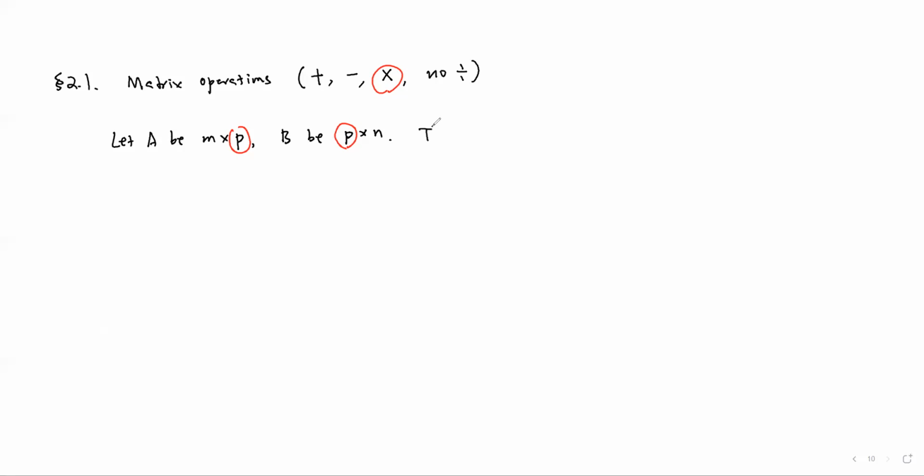Then A times B is M by N. Cancel the middle P.